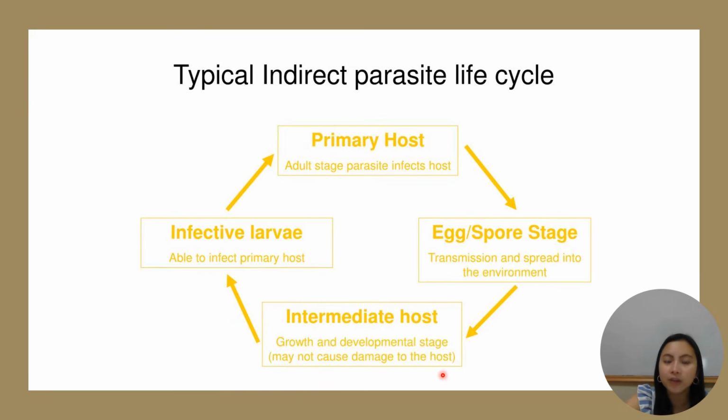So this can either cause damage or harm to the host or leave it unaffected. Okay, remember that in the intermediate host, right? And once this intermediate host is already ready to release it again into the environment, the infective larvae is able to infect the next primary host, and the cycle continues. So that is what happens in the life cycle of a parasite.